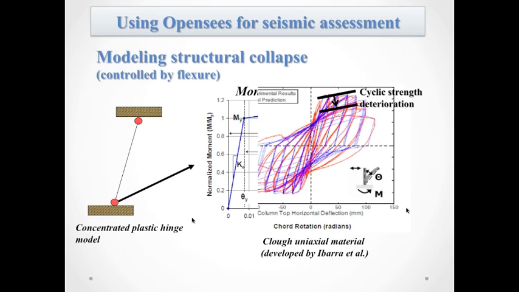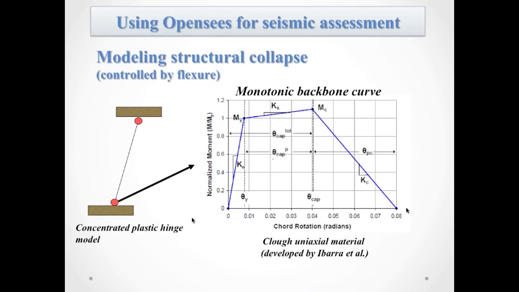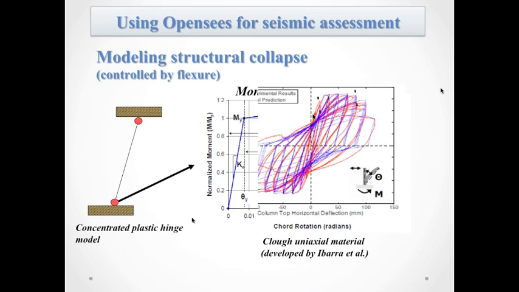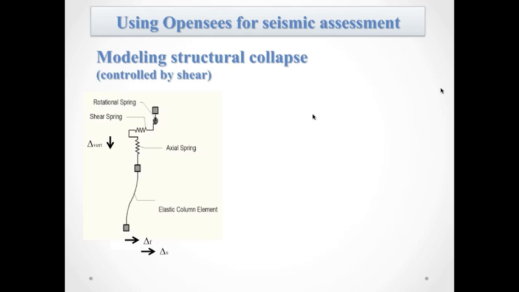Their Clough material, as modified by Ibarra, takes into account cyclic strength deterioration. This is deterioration that the structure experiences before it reaches the capping point, so in this range. And there is the in-cycle deterioration that comes from the post-capping negative slope.